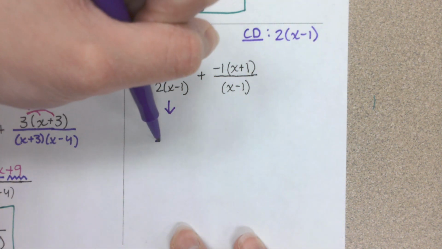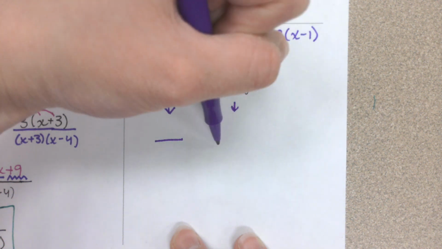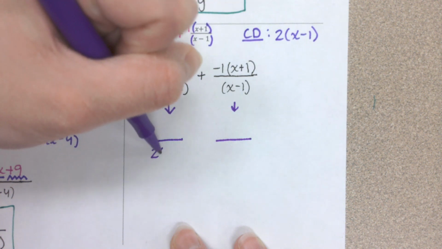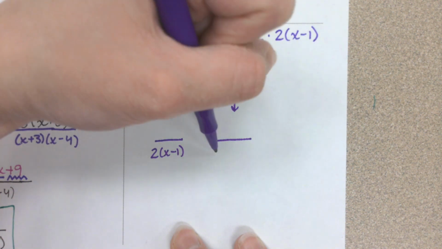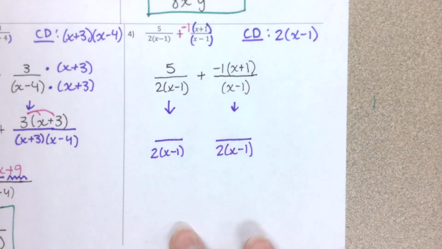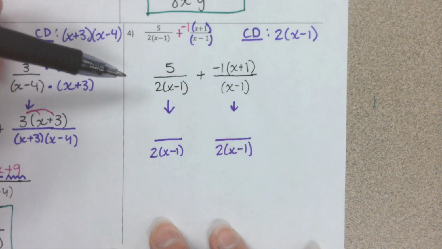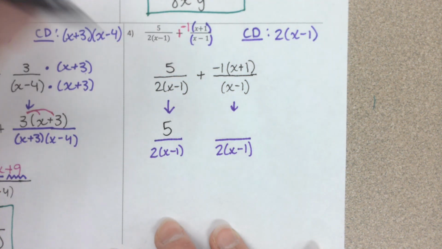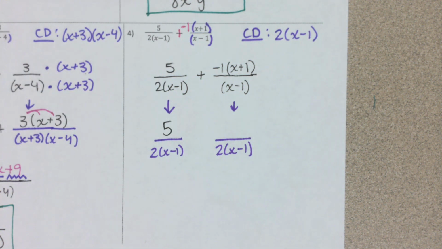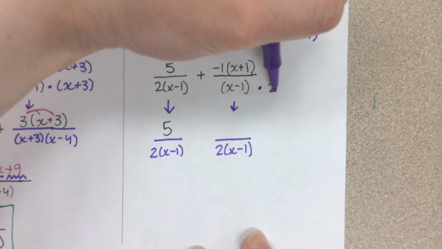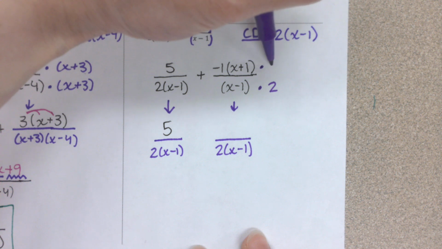So let's set up our new fractions with the goal, the common denominator on it. 2 times x minus 1, 2 times x minus 1. The left fraction is already as it should be, so I don't have to make any changes. The denominator is already correct. The right fraction just needs the 2. So I'm going to multiply the bottom by 2 to make that work. And I'll do the same thing to the top.